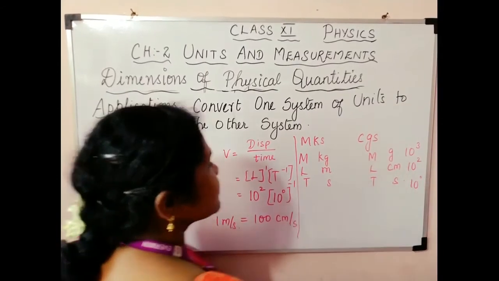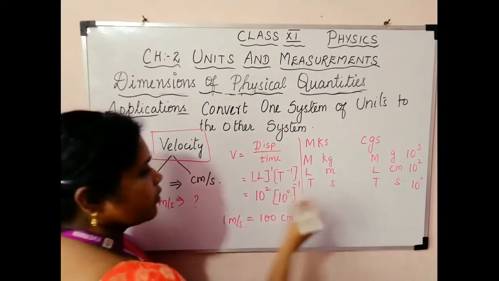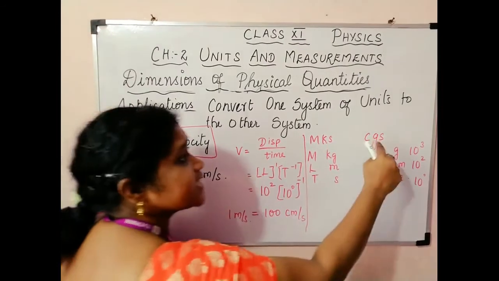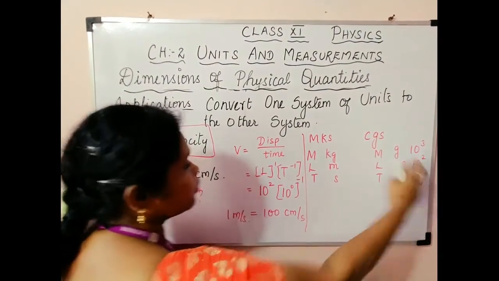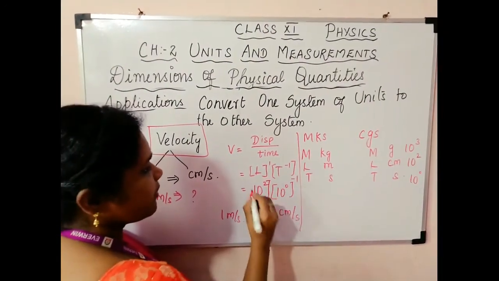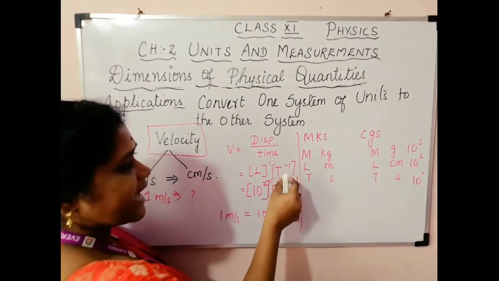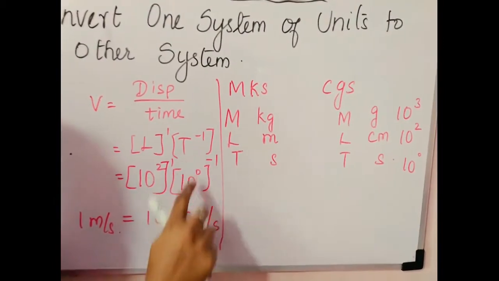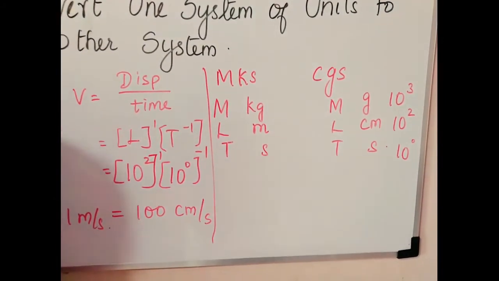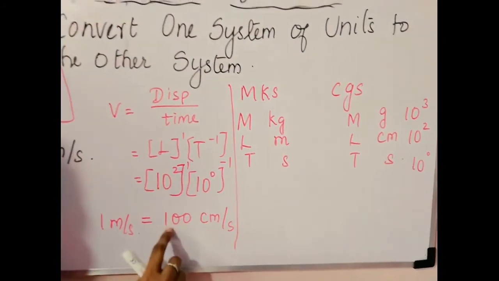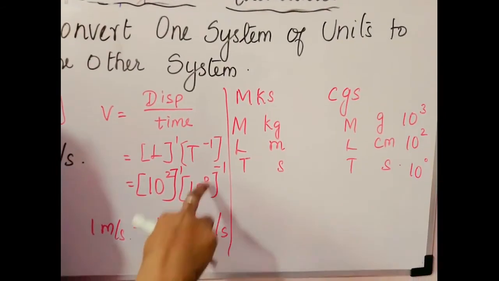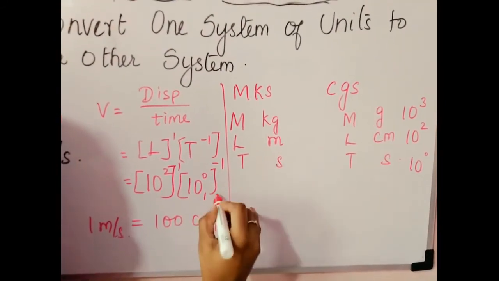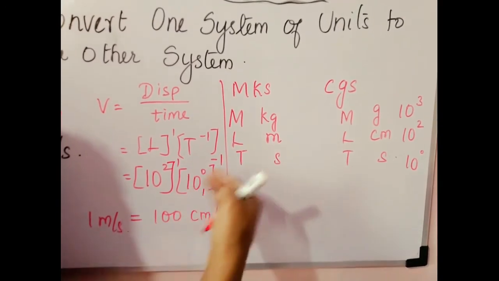So 10 power 0. Now for length in the CGS system it is 10 power 2, the whole power 1, and for time 10 power 0, the whole power minus 1. So 10 power 2 is 100, and 10 power 0 is 1, with the minus 1 putting it in the denominator.